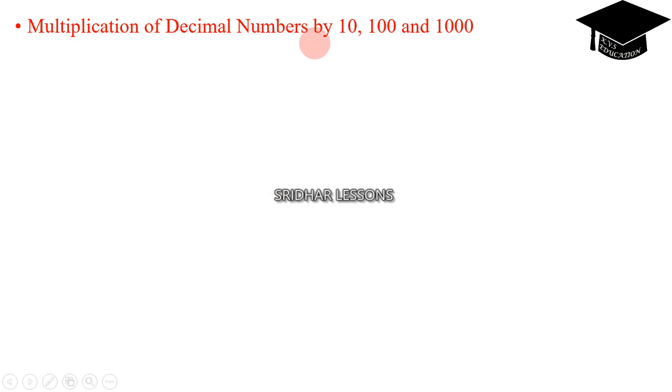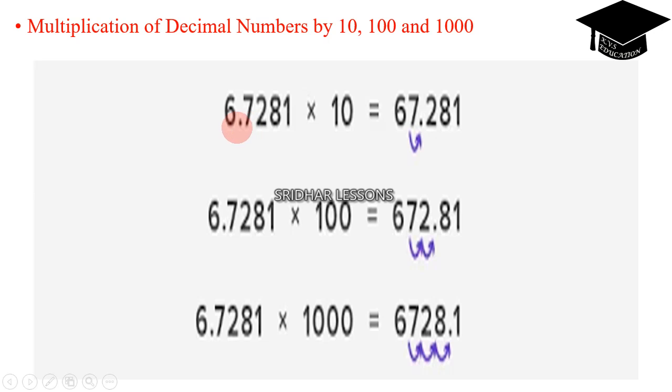Multiplication of decimal numbers by 10, 100 and thousands. See, 6.7281 into 10. So we will get 67.281, after one place. 6.7281 into 100, 672.81, two places. 6.7281 into 1000, that means 6728.1, like this.